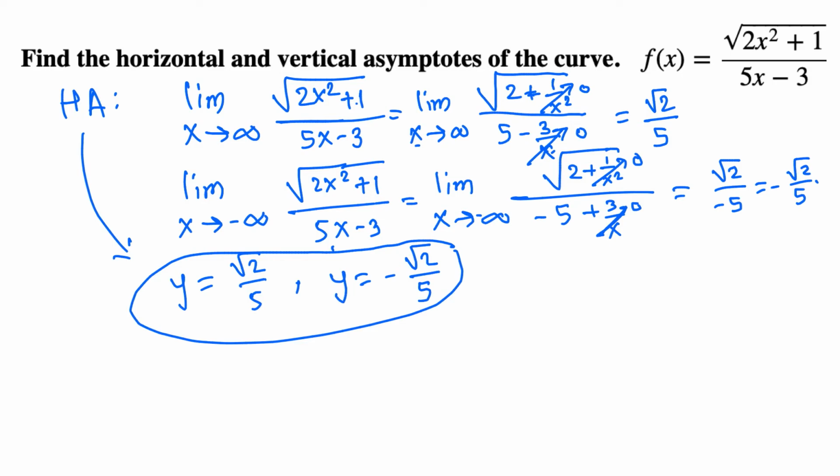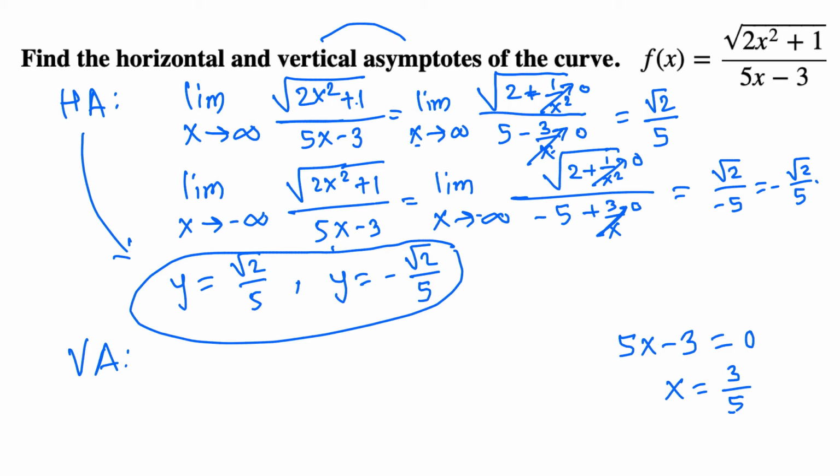Next we need to find vertical asymptotes, VA. That means we want to find where this function is undefined. Looking at the bottom, 5x minus 3 is 0 when we add 3 to both sides and divide by 5, so at x equals 3 over 5. At x equals 3 over 5, this function f is undefined because we would be dividing by 0.